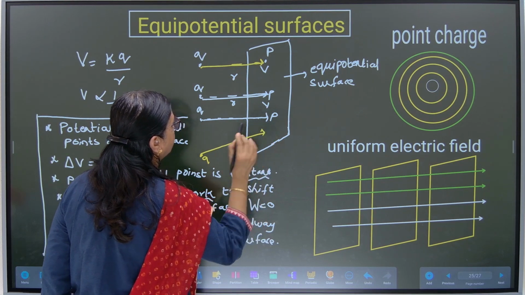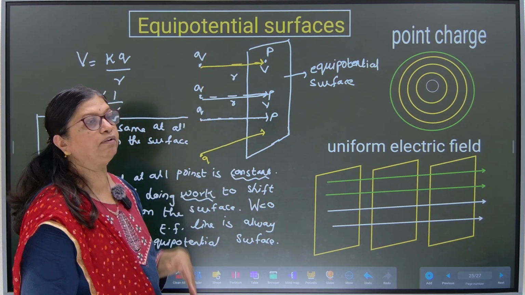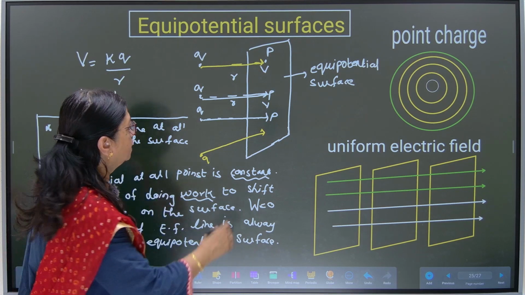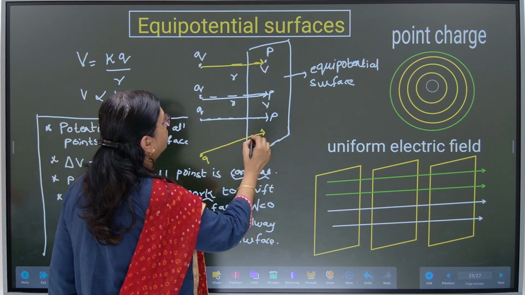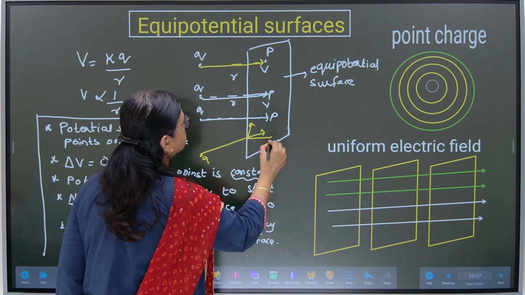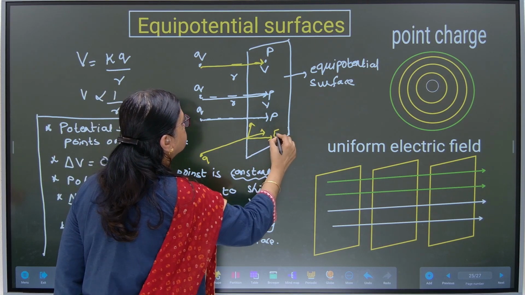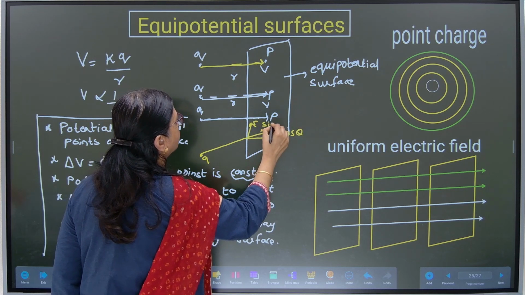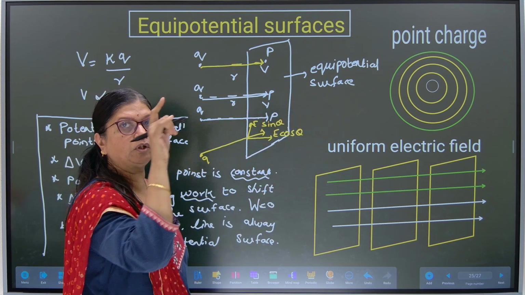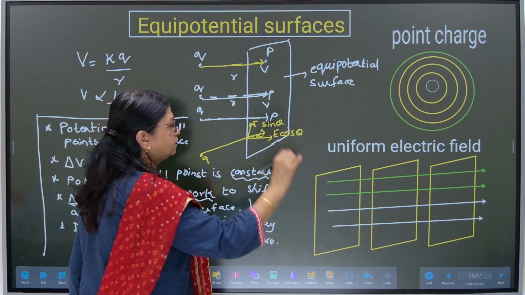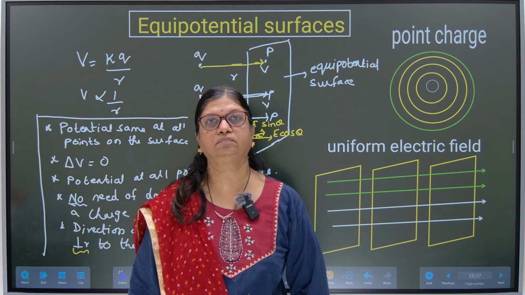Not perpendicular to this equipotential surface. Then in that case, this electric field line would have components E cos theta, E sin theta on the equipotential surface if theta is the angle here. Yes, I would have it.